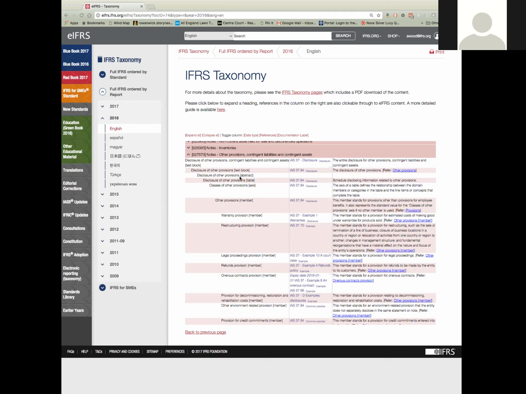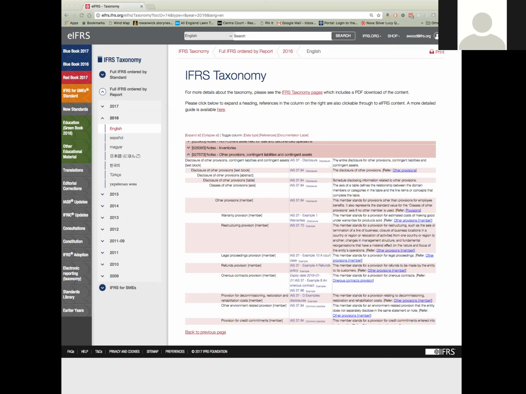There's then usually an abstract item. Again, that will have the same name. And you can see here we have the disclosure of other provisions. This refers to the whole; the table itself is the schedule disclosing information related to other provisions. And you can see there we have text block, abstract, table, axis. Within the axis, we then have the series of members.